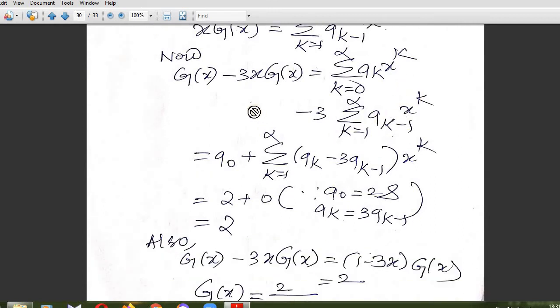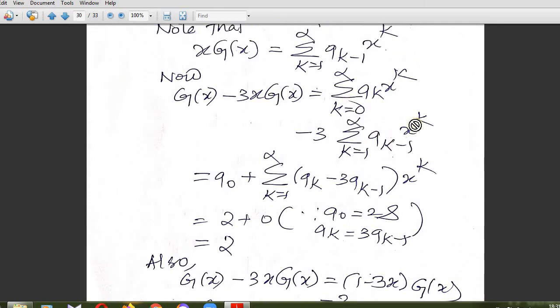Now look at this. In these two, if you take the k equal to 0 term, that is a_0 x^0, outside, then this and this will become common. Am I correct? Then the 0 term plus the summation for k from 1 to infinity of a_k x^k, you will get this term.